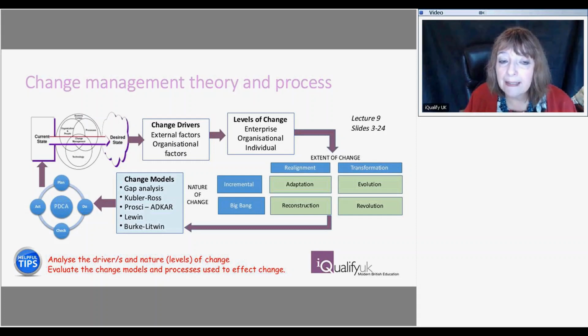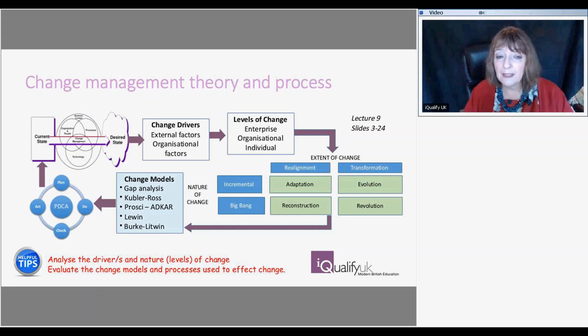So that leads us to a whole range of change models. These are not completely different from anything that we've done before. They're not exclusive. So you will come across this and other models which could be useful, but these are the key ones.